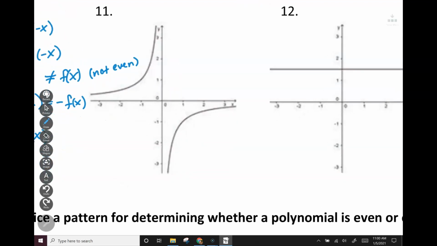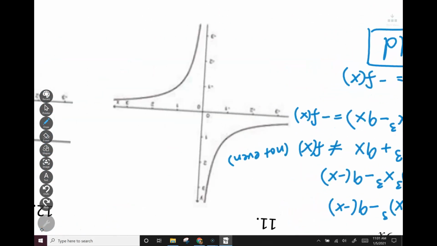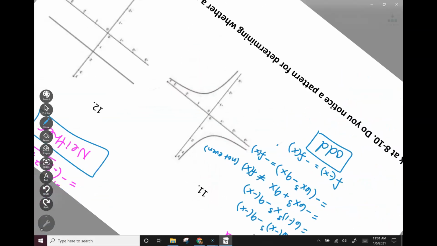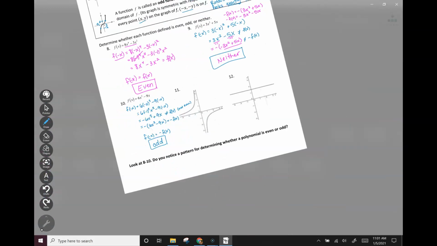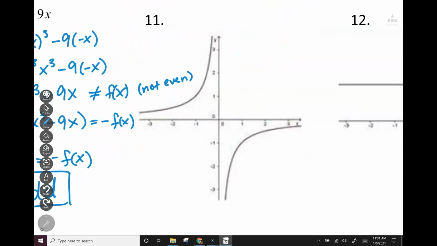I think I can do that on here. And that looks exactly the same as it did before. So let me move it back. And you've got the exact same graph. We've got the curve in the top left quadrant, the curve in the bottom right quadrant, exactly the same as when I rotated it 180 degrees. So for that reason, this is odd. It's symmetric about the origin.